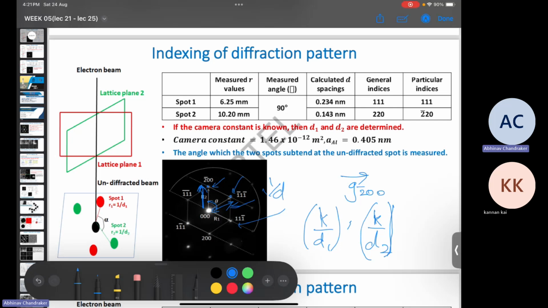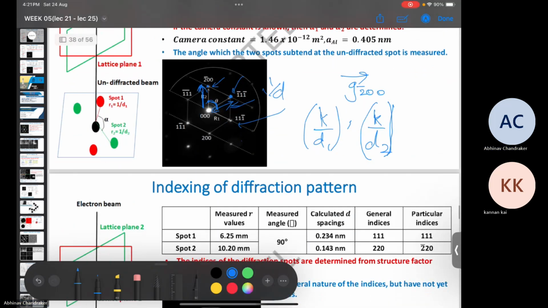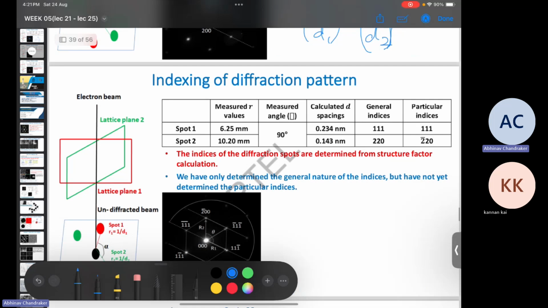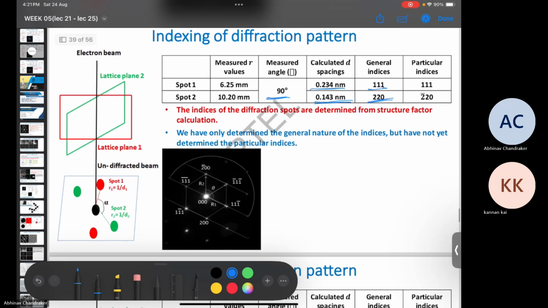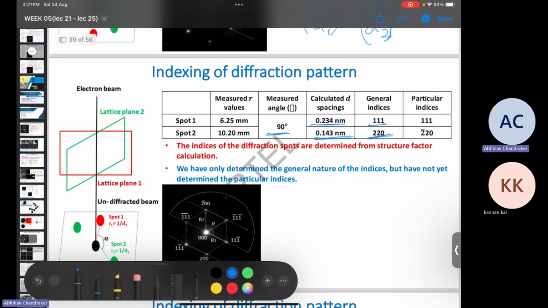So by knowing this angle, we can know the angle between the normals of the planes which are making up these two diffraction spots. So using this information of the angles as well as the d spacings, we can get some preliminary idea of what could be the family of planes these correspond to. And then based on the angle, we can tell what the particular indices may be.